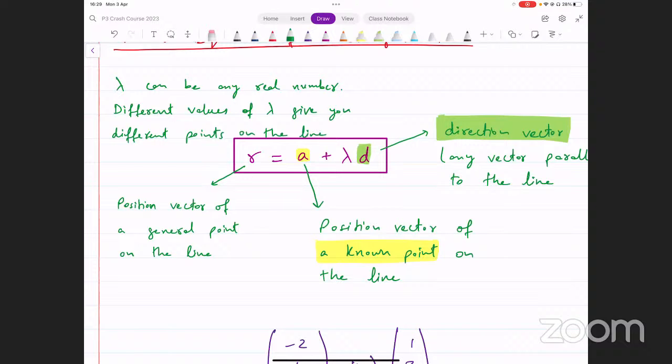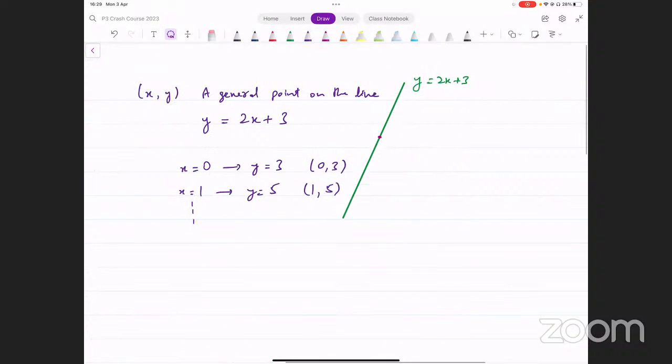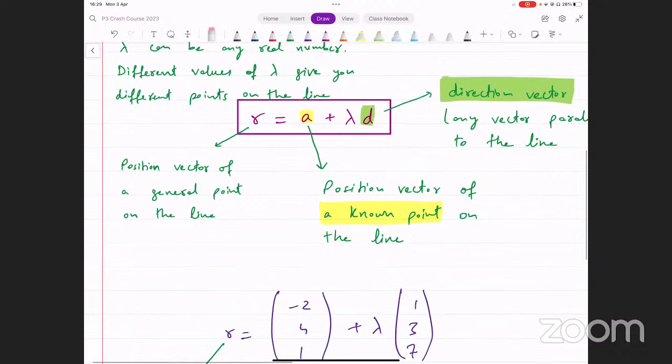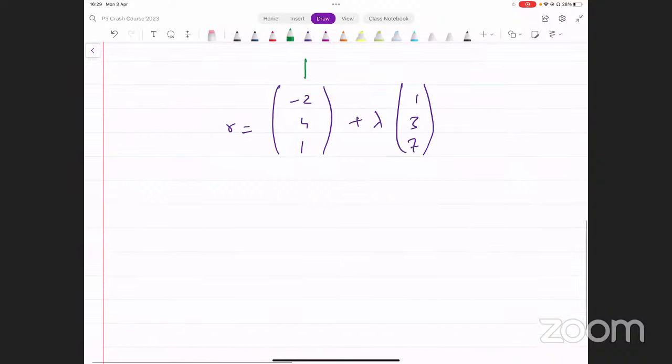Now, what does that mean? Remember, in this equation, we used to input different values of x to get corresponding values for y. Now, it's slightly different in a vector equation. If a vector equation looks like this, (-2, 4, 1) plus lambda (1, 3, 7), we know that (-2, 4, 1) is a point that lies on the line.